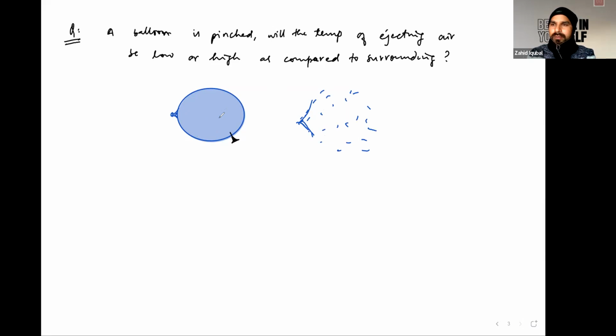That's why we need some external agency to blow it up. So inside, pressure is high and consequently temperature is also high. But on bursting, when it interacts with the outer atmosphere, pressure decreases since it's going from higher pressure to some lower pressure.